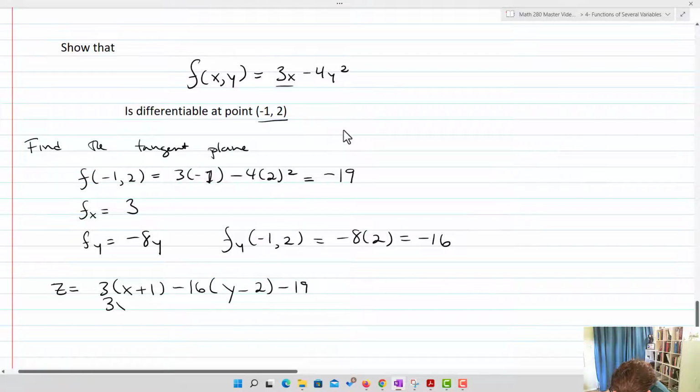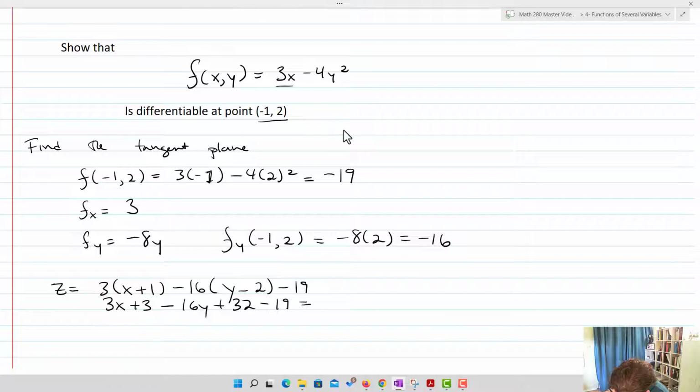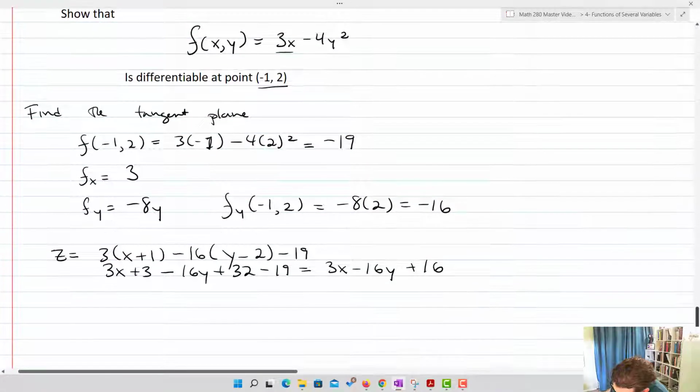And so that's 3x + 3 − 16y + 32 − 19, which equals, again, 3x − 16y, and this is going to end up being plus 16. And there's our tangent plane.